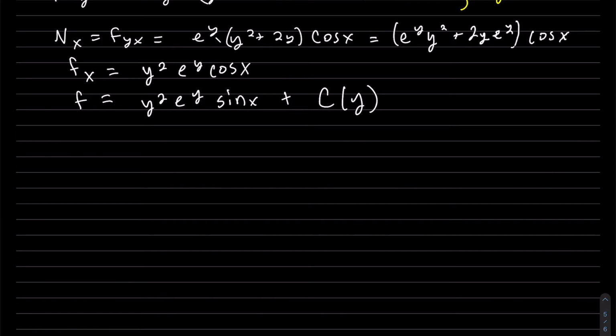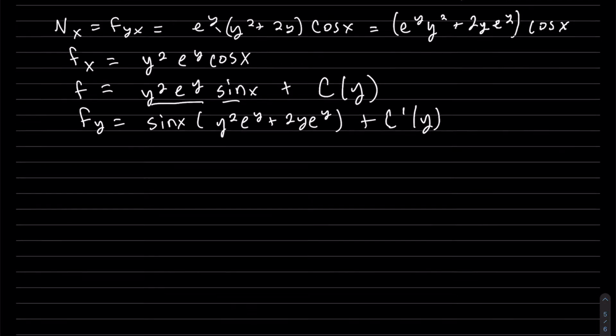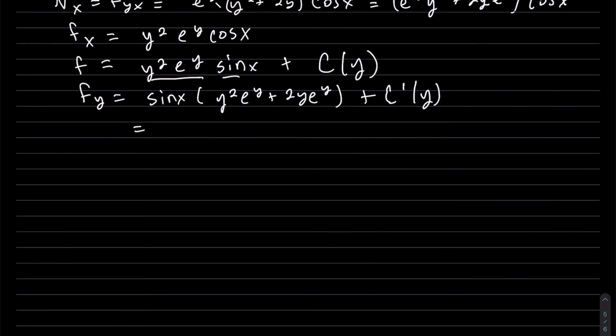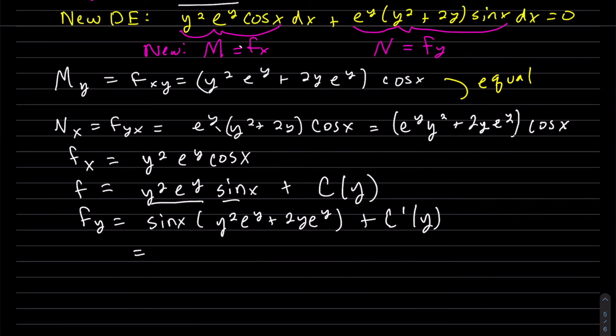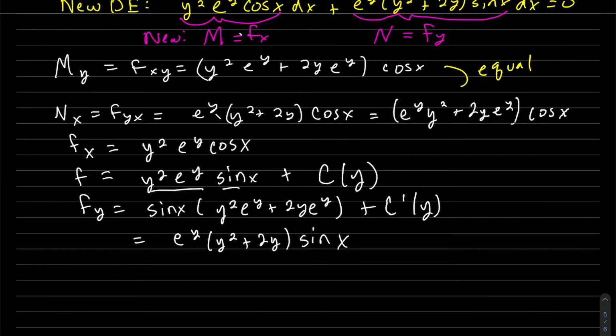Okay, so now we take the partial in terms of y. We'll have to do the product rule. So we'll just copy the sine of x. It's a constant. But we already know we found f of y right here. So we'll write that out. And it does look like when you distribute that, it is identical.